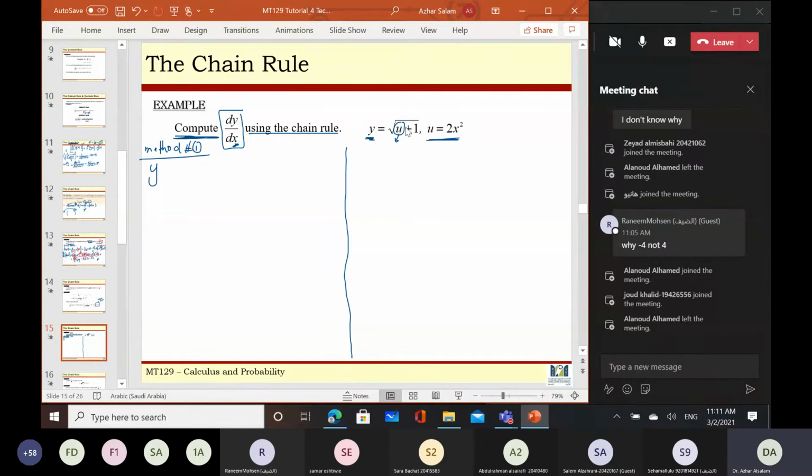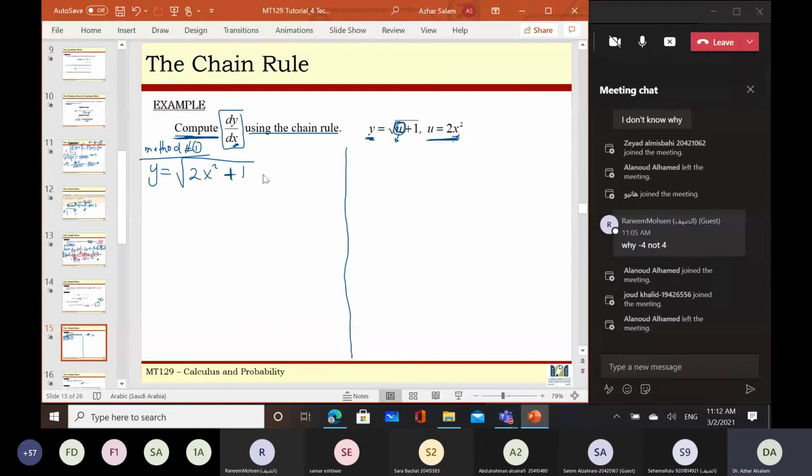So I will substitute u by its value. هنا أقدر أوجد قيمة الدالة y بدلالة المتغير x عن طريق التعويض عن الu بالx. Okay. So I just here replace each u by its value. I will change u here by 2x squared plus 1.